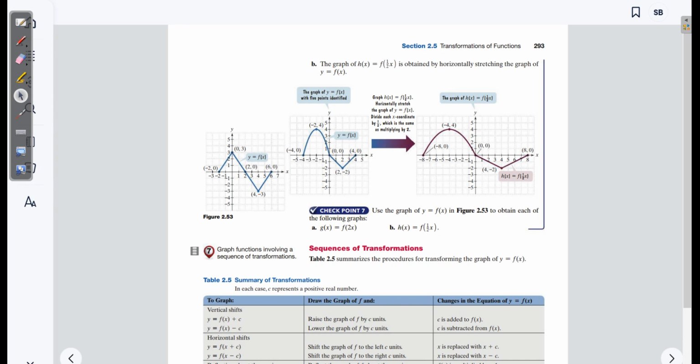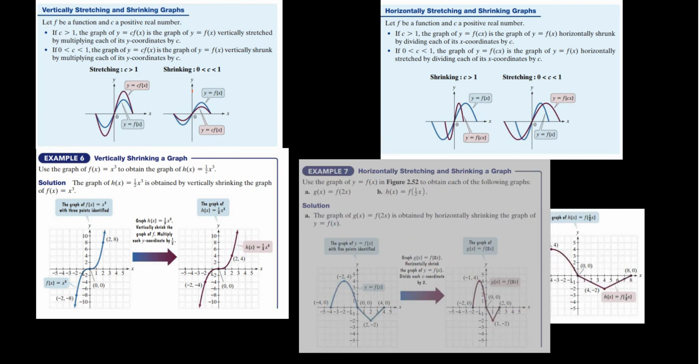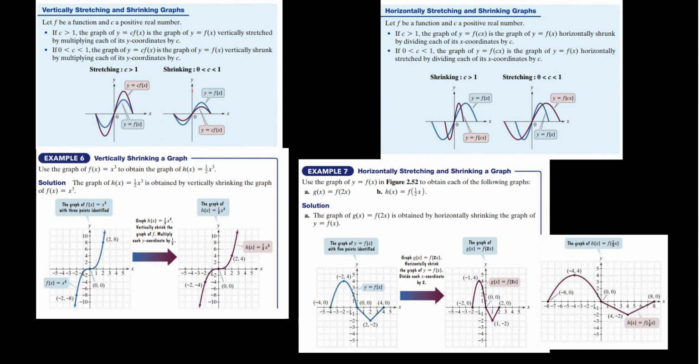This would be B. I'm not sure if it'll fit. Yeah, it's not the greatest fit, but it's there. See how we stretch. So that's vertical stretching, shrinking, and horizontal stretching and shrinking.